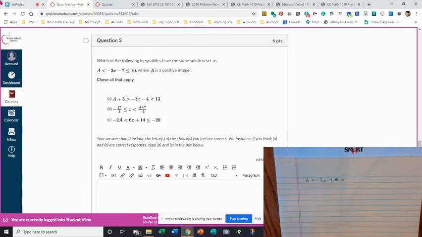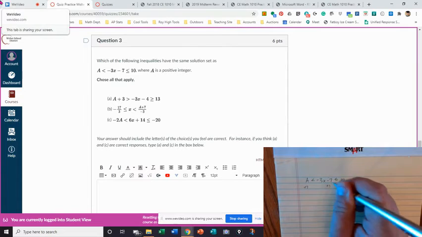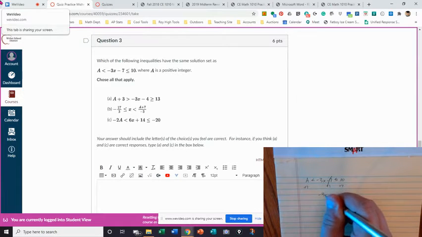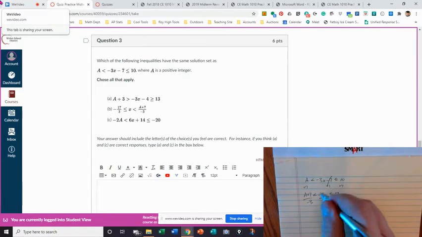And if I solve that, I'm going to add 7 on each side. And I get negative 3x is in between 17 and a plus 7. And then I'll divide by negative 3. Now, what happens when I'm dividing by negative 3 is my signs flip. So a plus 7 over 3, and this flips negative 17 thirds.